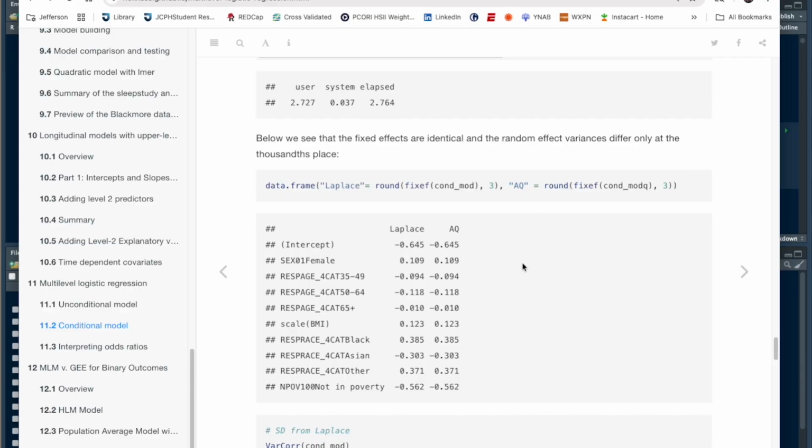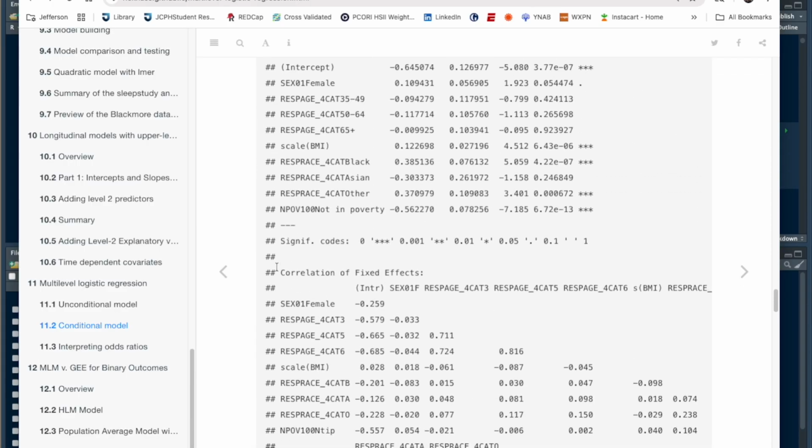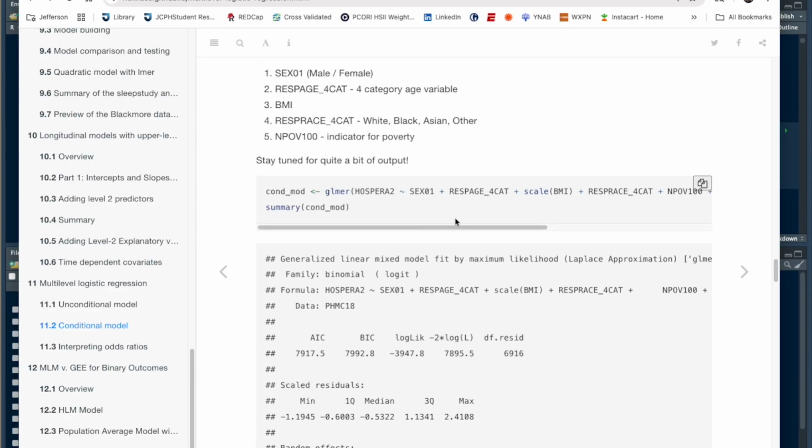So in fact, a lot of times, unless your model is really poorly behaved, you can get away with the simpler approach. Note that there's no additional argument here.